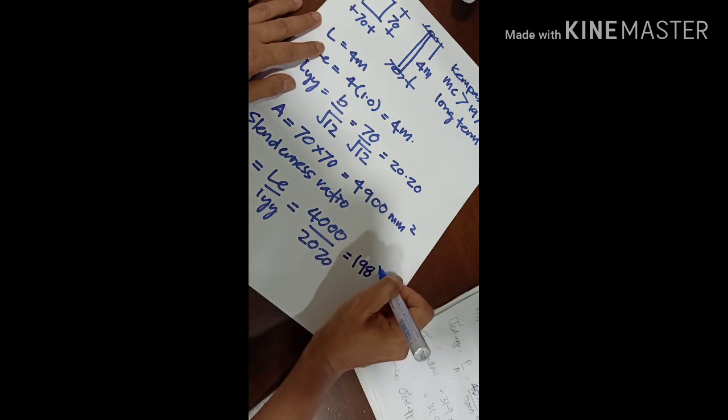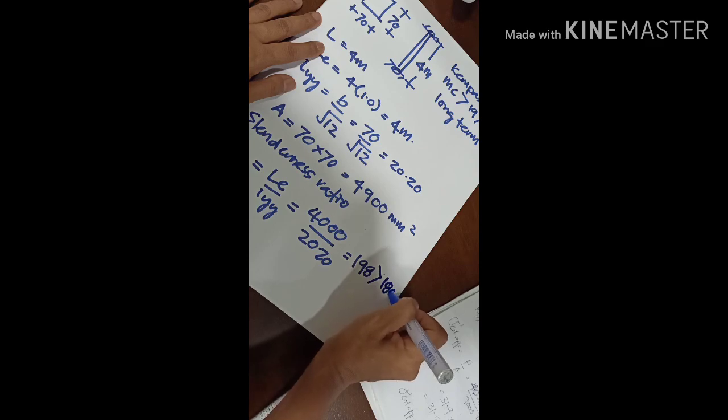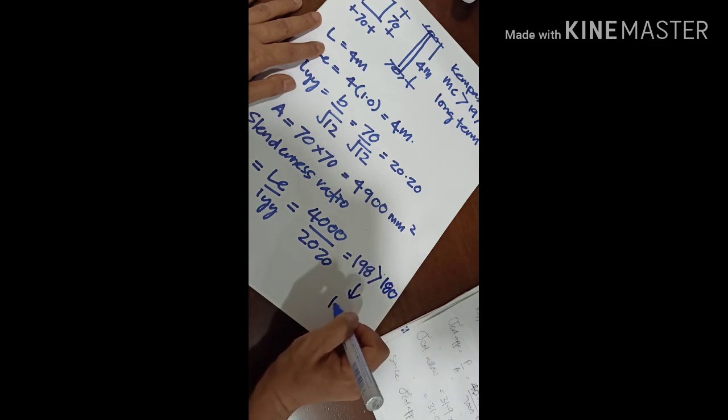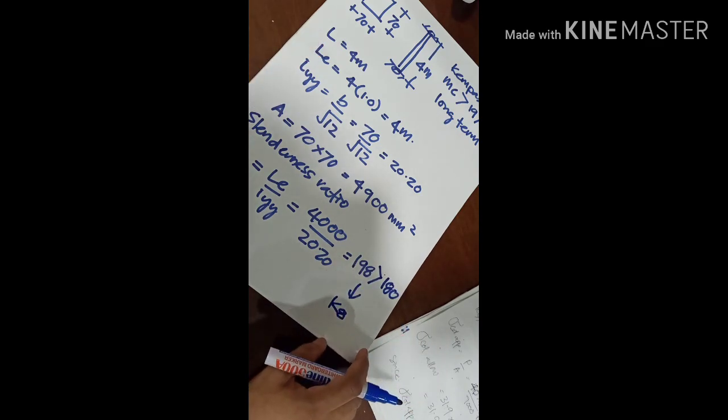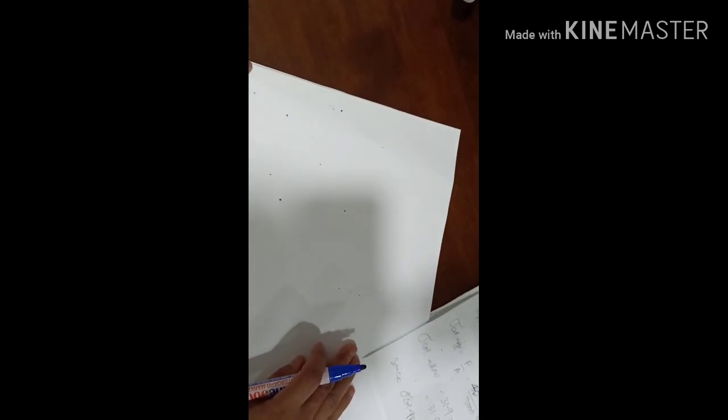Since it is greater than 180, we require a value of K8 in the design of the column. So we have to find the K values.